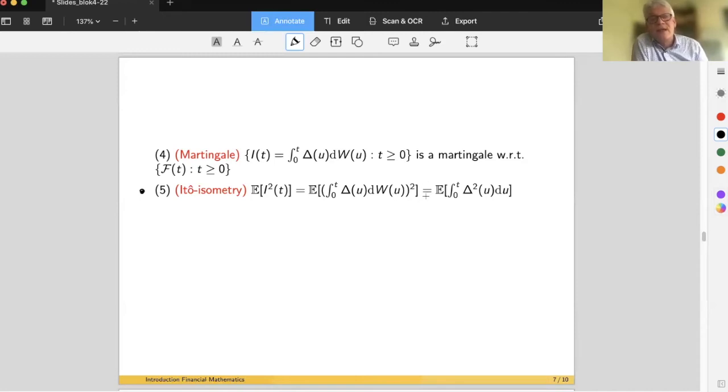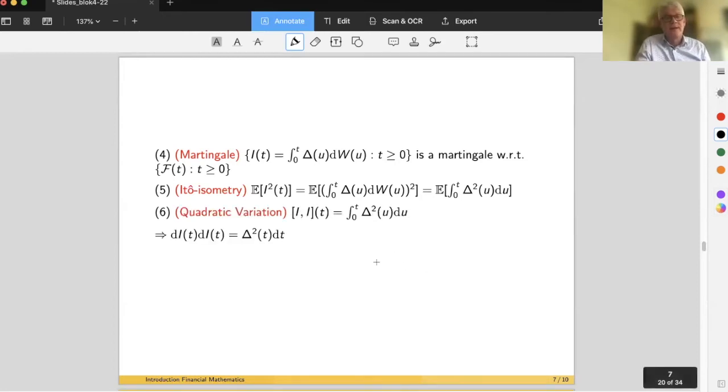That is in fact the Ito isometry. That is in fact the expected value of the integral from 0 to t of Delta squared u du. And remember all these properties, they are important and we often see them.